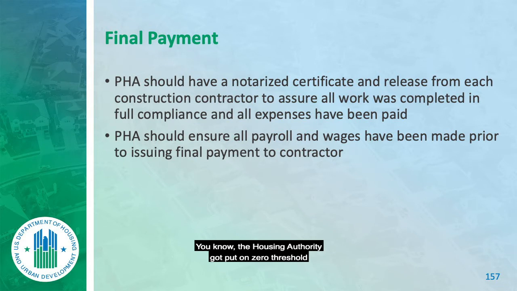You know, the housing authority got put on zero threshold with their development stuff for a year. They were lucky they didn't take money away. They were lucky that HUD didn't punish him further. And by the way, I got a call from them 6 months later, and they said, we've been really working hard to do everything right in line, and HUD released us after 6 months and said, never again. It all got closed out, but 8 months? No.